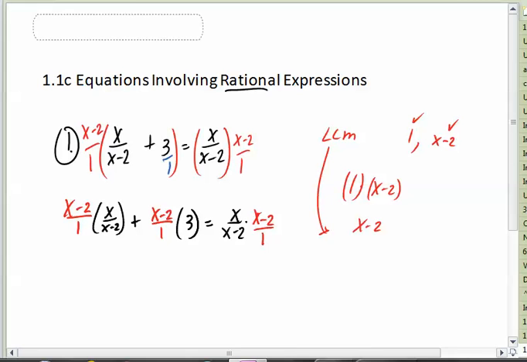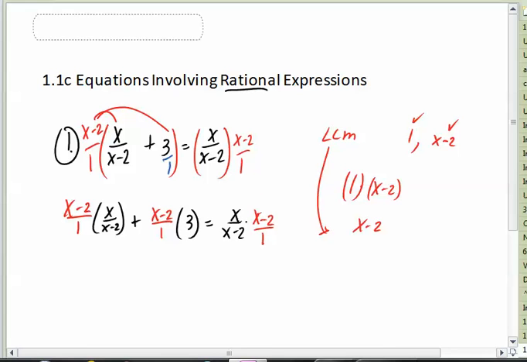So on the left side, I've distributed my x minus 2 over 1 to both terms. That's the distributive property. On the right side, I've multiplied by the same thing. Even though it looks like I've multiplied using that 3 times, it's really just the distributive property. So we understand that. Let's go ahead and simplify.